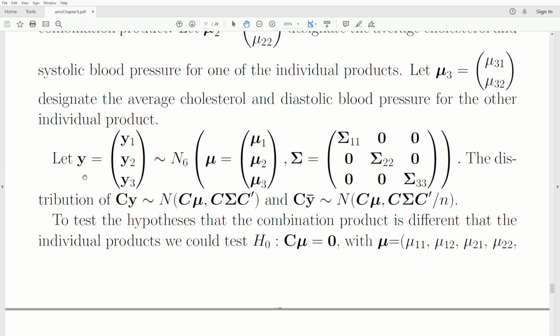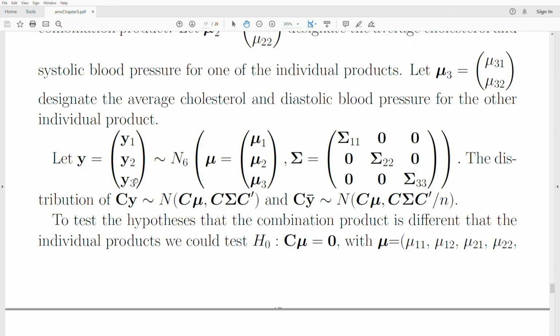Now, if we partition our response into Y, which is Y1, Y2, and Y3. Realistically, Y1 is a random sample of patients that were randomized to the combination product. Y2 are the patients that were randomized to one of the single drug products.